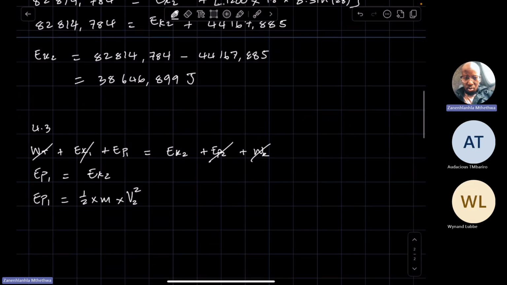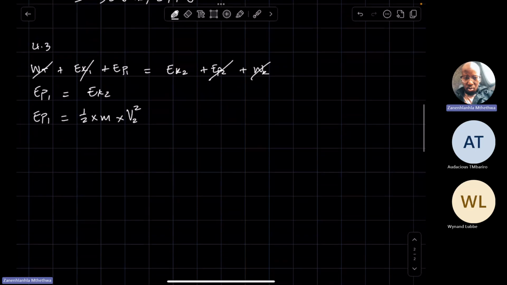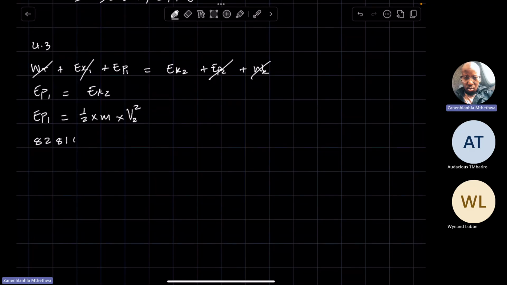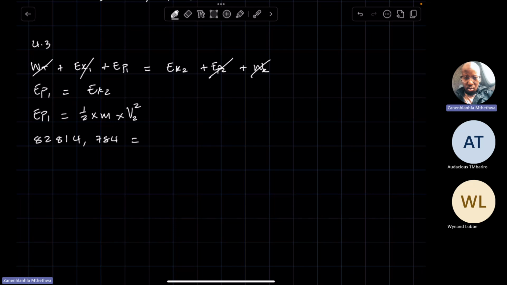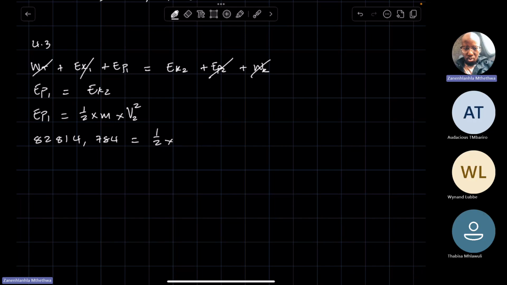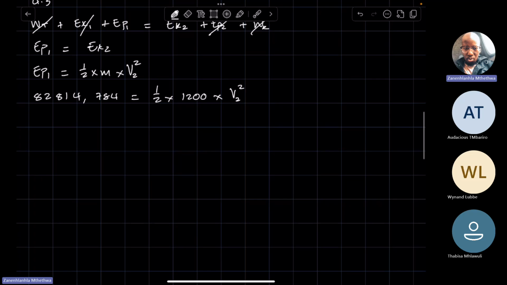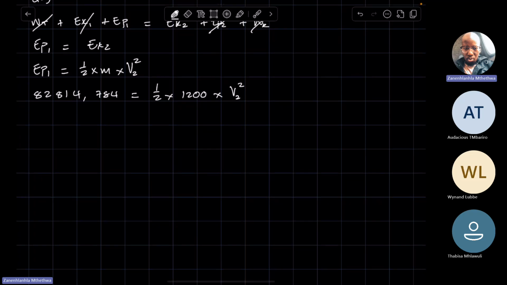Here EP1 we already know is 82,814.784, which is equal to half times the mass, which is 1200, times V2 squared. Half of 1200 is 600. So 82,814.784 is equal to 600 V2 squared.